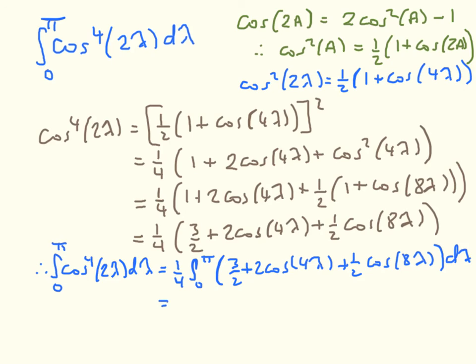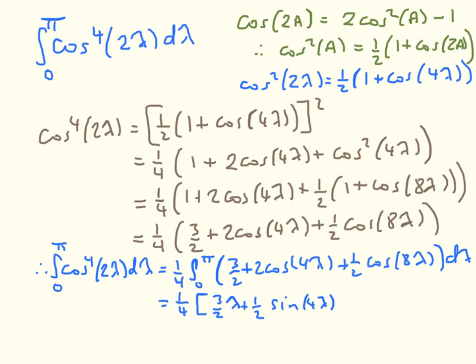So this is 1/4. Now we'll open big square brackets. The integral of 3/2 with respect to lambda is 3/2 lambda, and the integral of cosine is sine, so we write the sine of 4 lambda, and if I differentiate that I will get 4 times the cosine of 4 lambda, and I want to have a factor of 2, so I'd better put in plus 1/2.